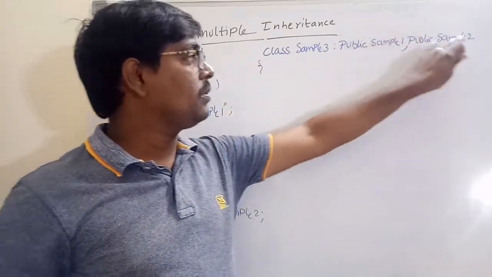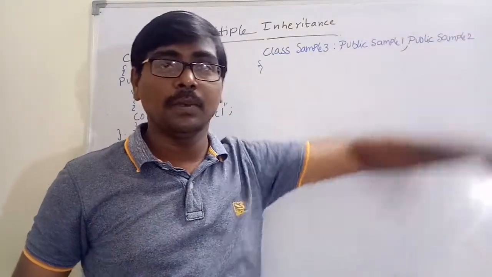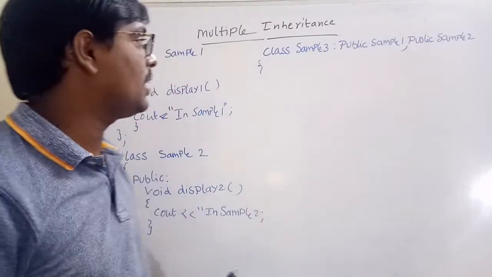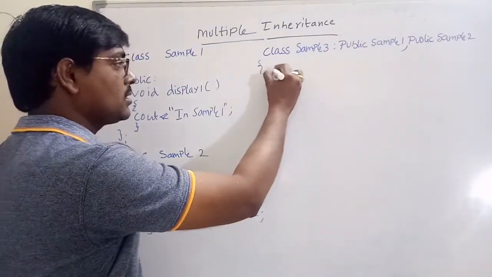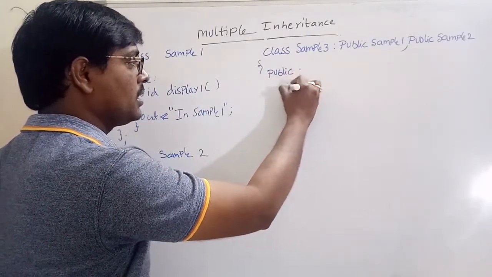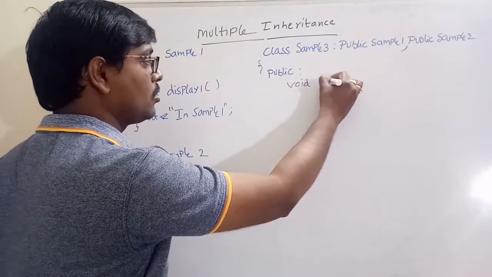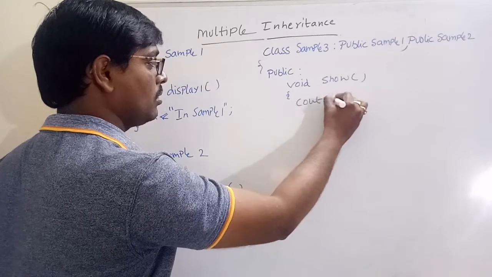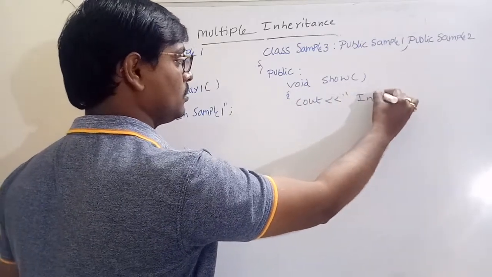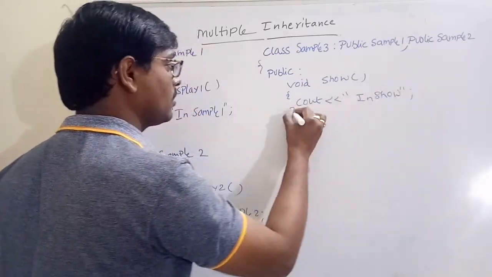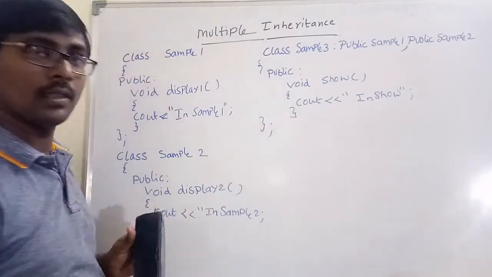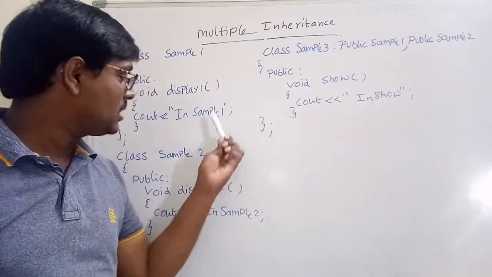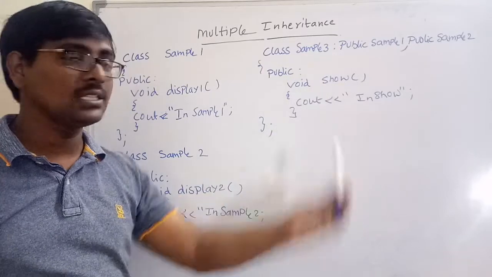So public sample 1, public sample 2, you can write any number of classes. Suppose in this I am displaying some message, void show, cout a message. Now observe, A and B are the parent classes, C is the child class.